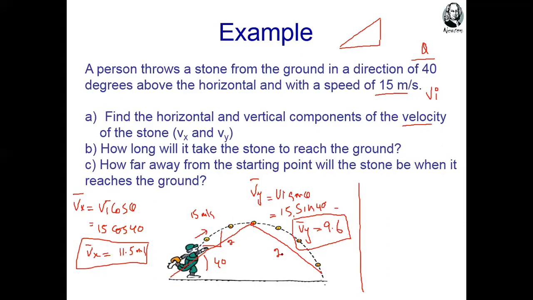Why? Because the body is moving with a constant velocity, meaning there is no acceleration along the x-axis, so the time will be the same. So how to find time? First find the time to reach the highest point, then multiply with 2. This will be the total time of flight.